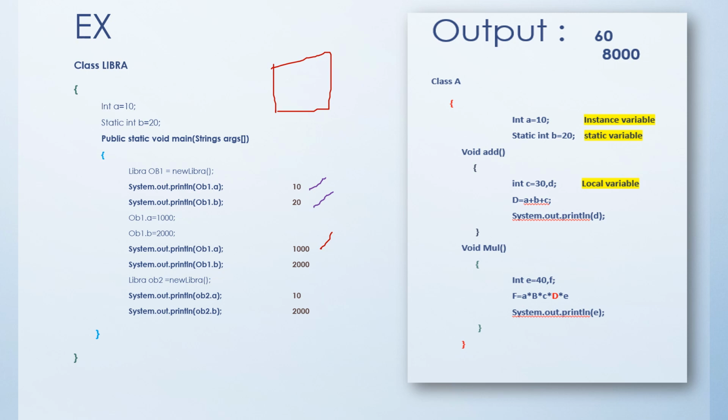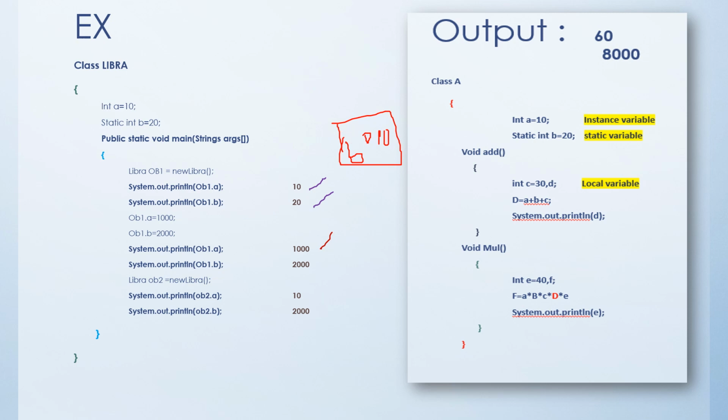It had stored the a value as 10, so by this we are removing 10 and giving the value of 1000. In the same way, the b value will also be changed from 20 to 2000.